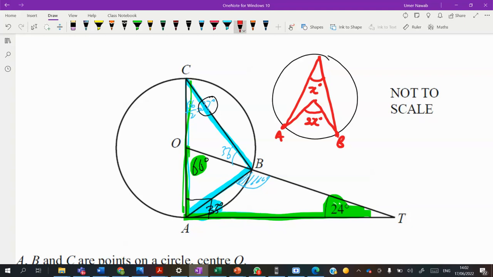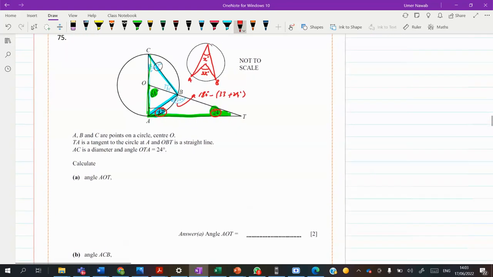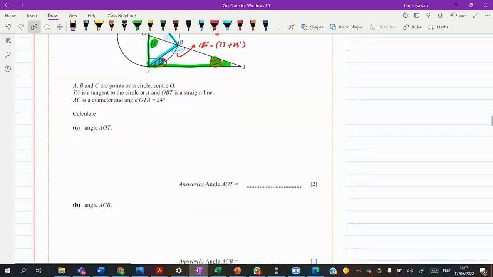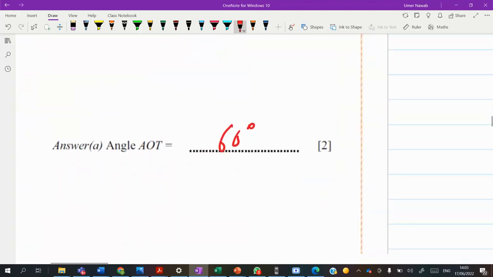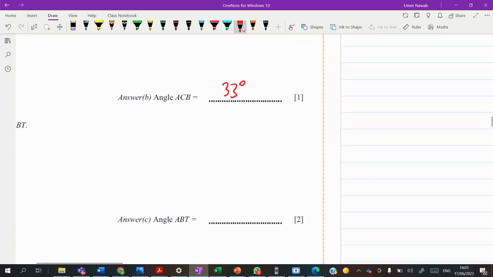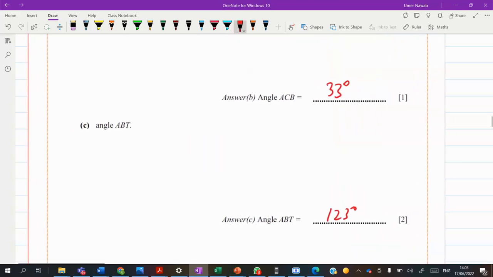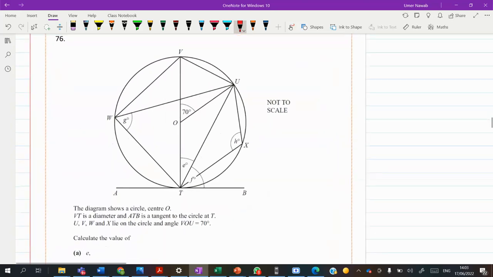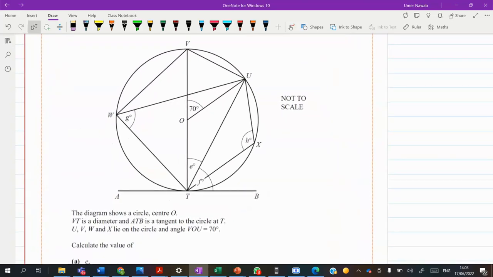Now 33 and 24 will be subtracted from 180 to get the required angle ABT. So let me copy all the angles which I found: 66, 33, and 123. I want to move on to the next question, number 76. So 76 we have here.